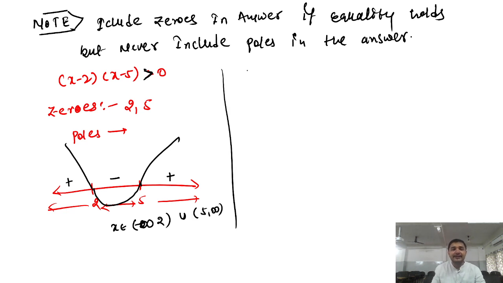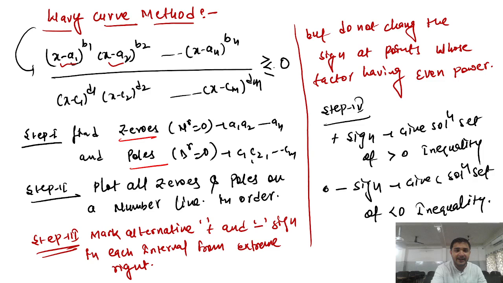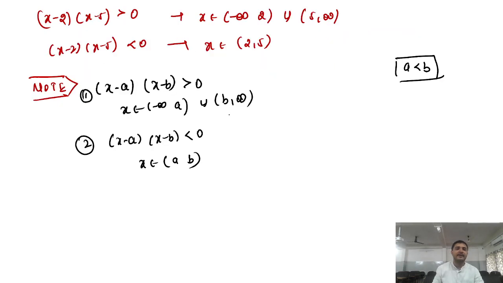If they are asking x minus 2, x minus 5 less than 0, the negative sign gives the answer for a less than 0 inequality. The negative interval is from 2 to 5, so x belongs to 2 to 5. That is what we have done here also, correct?